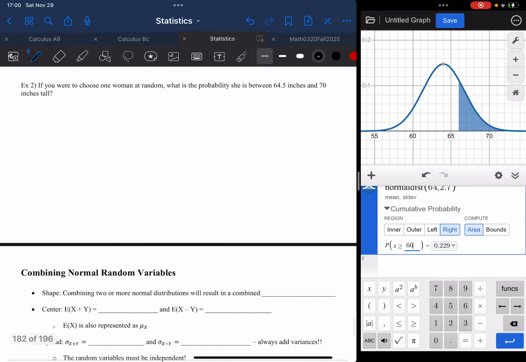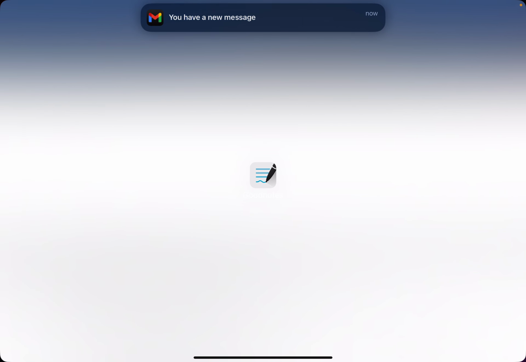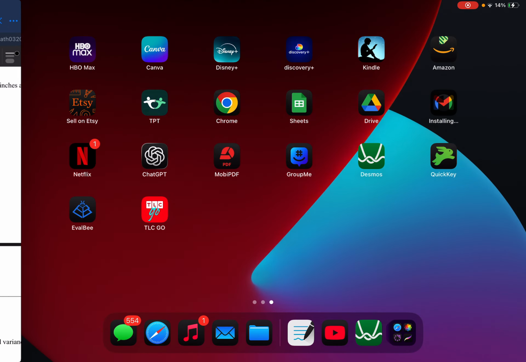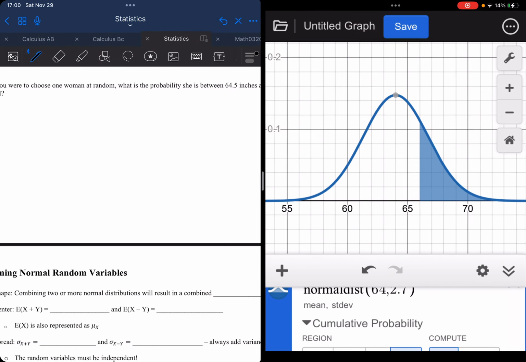Okay, the next example says if you were to choose one woman at random, what is the probability she is between 64.5 inches and 70 inches tall? Well, again, everything is the same but my probability statement. Get Desmos back up here.